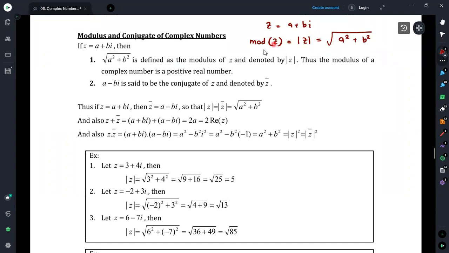Therefore, the modulus of a complex number is always a positive real number. Since we are adding two square terms, we definitely get a real positive number inside the square root. Therefore, we will end up with the modulus as a positive real number.